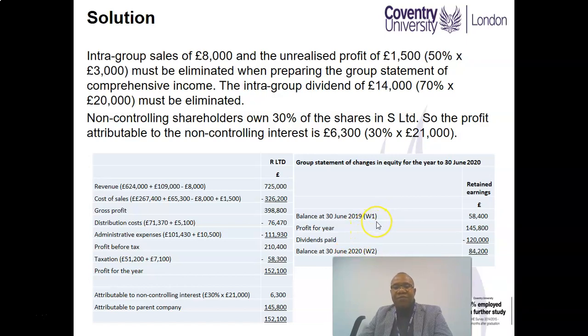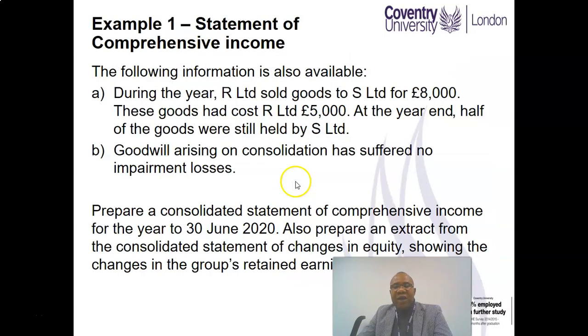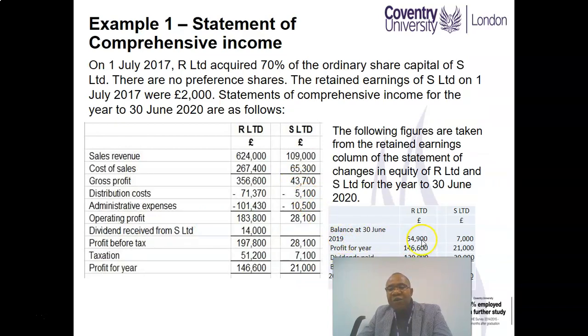Let's look at the first working. How did we do this? Well, if you remember, looking back at the question, we have the opening retained earnings of 54,900. That belongs to R Limited. We also have the retained earnings of 7,000 for S Limited. But of course, that includes the pre-acquisition profit of 2,000. So if we deduct 2,000 from 7,000, that means they have earned an extra 5,000 since acquisition up to the start of the year.